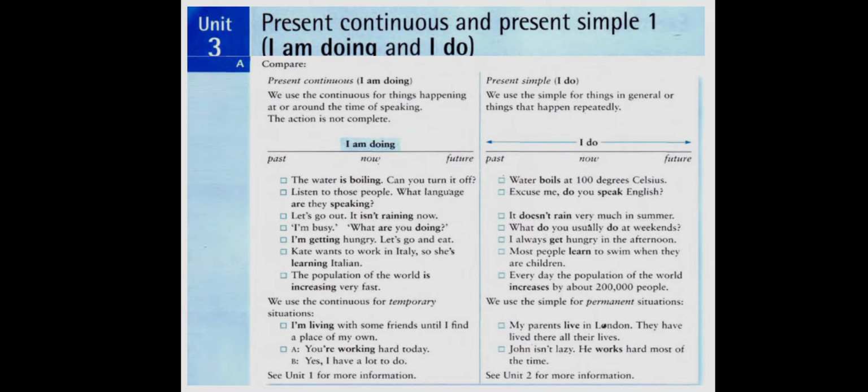On the other hand, in the present simple, for example, we say, excuse me, do you speak English? Here, when I say to someone, do you speak English? He might not be speaking at the moment, but I'm asking if he knows how to speak English or not. This is a fact. If he is an English person or if he has the ability to speak English, this is a fact.